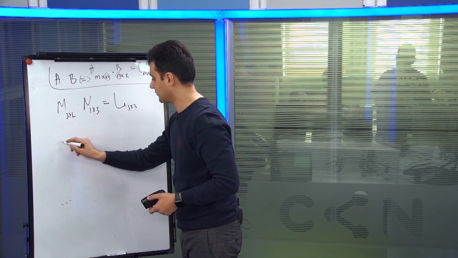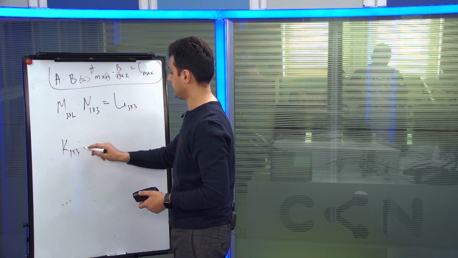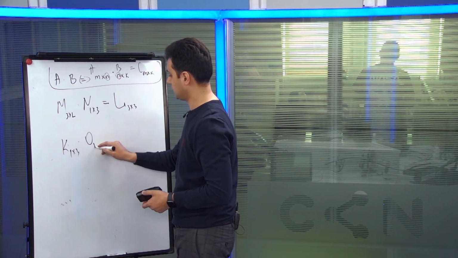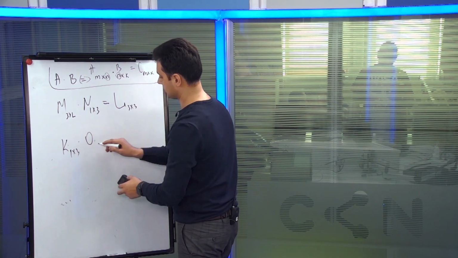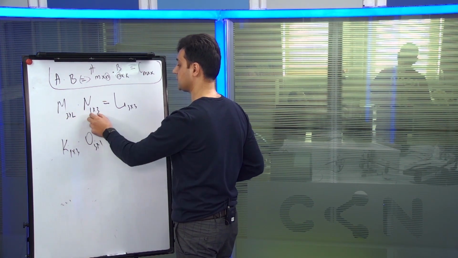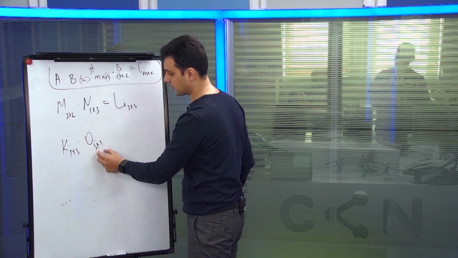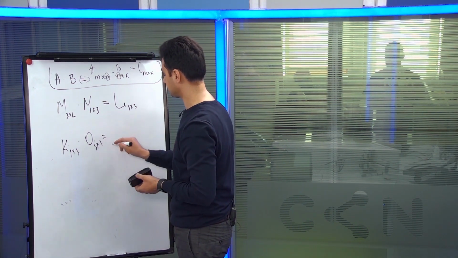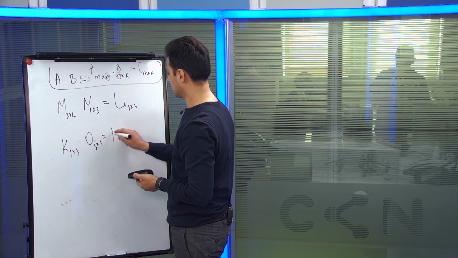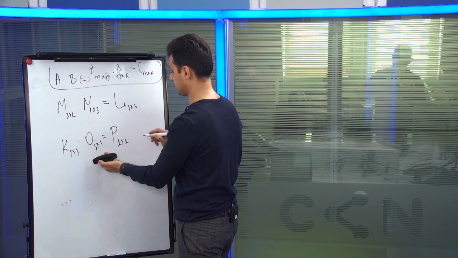Well, or we have K matrix 1 and 3 and matrix O 3 and 1. So this is, by the way, guys, the column matrix multiplied by a row matrix, right? And this here is a row matrix multiplied by a column matrix. The result will be the matrix P with the dimension 1 and 1, right?